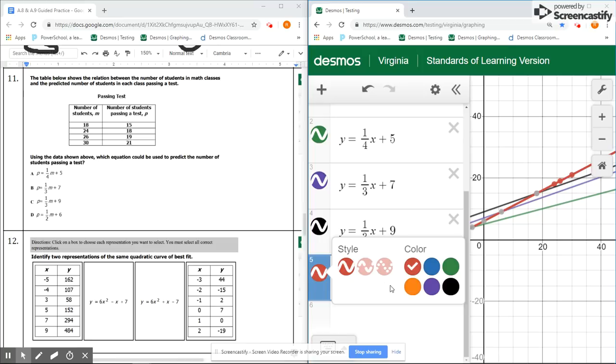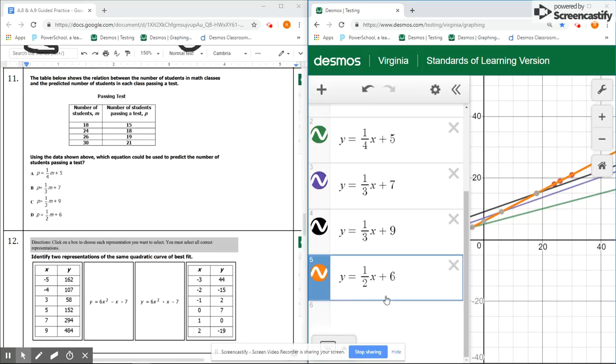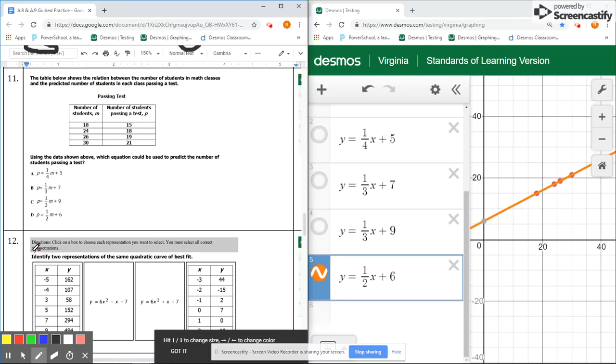And I'm going to change this one to get us a different color. All right, so which of these lines goes through the points the best? Probably the orange line. All right, so our answer here is going to be D, 1/2 x plus 6.